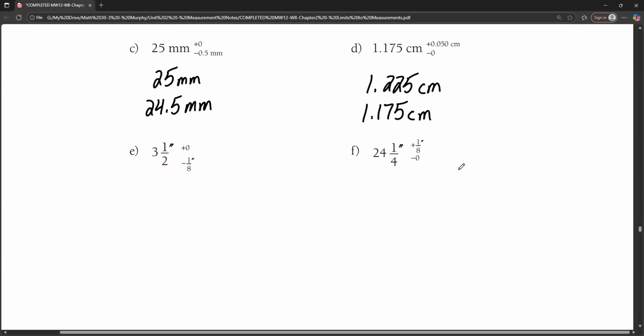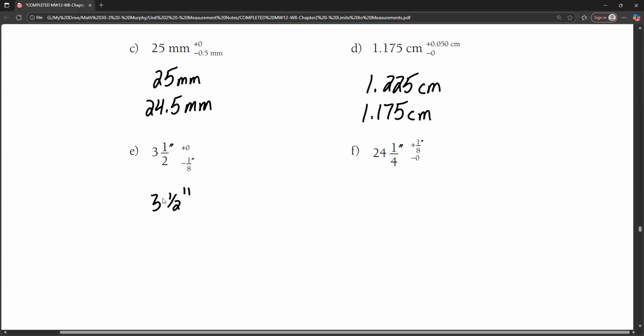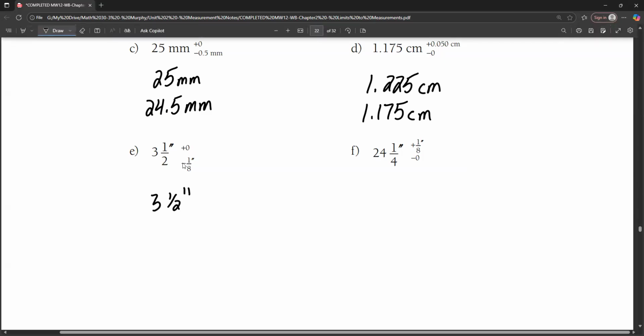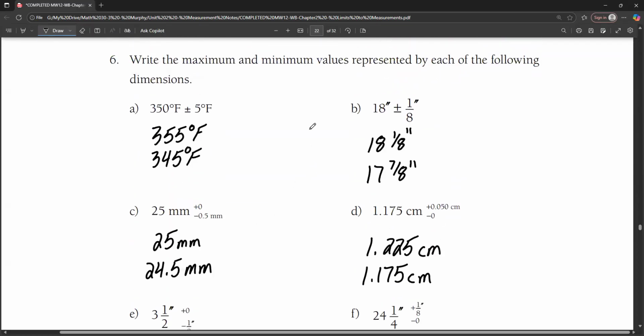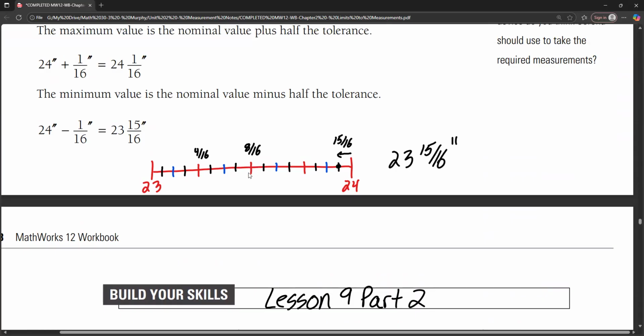Okay, E, 3.5. Can't go up anymore, it says, so that is our maximum. Now our minimum, we're at 3.5, go down an eighth. Okay, so I'm going to go back up to my ruler here. So if we're at the halfway point, it should be right here.